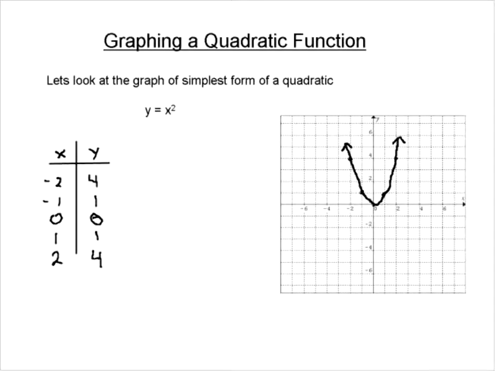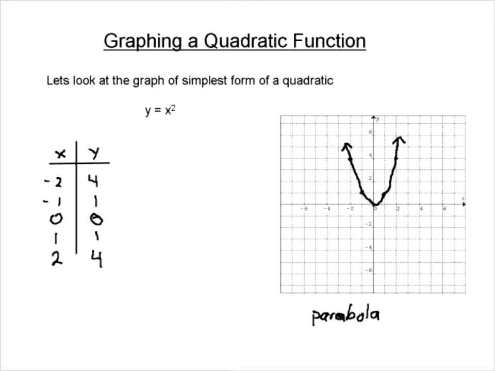So there is our graph of y = x². Now, this graph and this shape has a special name. This is a parabola. That U shape is what we call a parabola. So that's the first thing about quadratic functions: a quadratic function will always give you a parabola, this U shape.